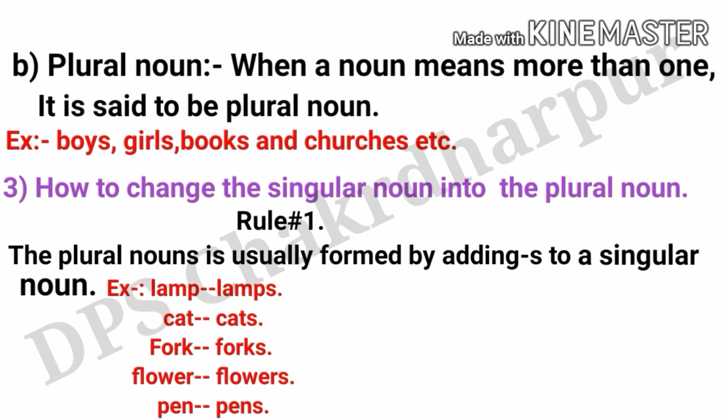For example, lamp, lamps; cat, cats; fork, forks; flower, flowers; pen, pens. So these are examples of your first rule. It's very easy to change the singular noun into the plural noun. So my dear students, you must write all this in your notebook so that you can understand it very well. Let's move on to the next page.